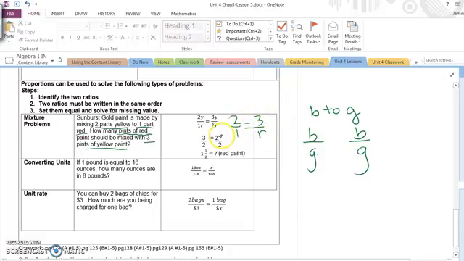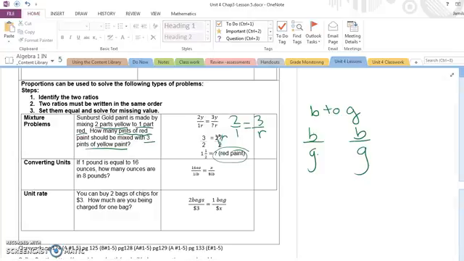So then we get 2r, because we need to know how many red, equals 3. Divide by 2, and r equals 3 over 2. 3 over 2 as a mixed number is 1 1/2. So that's how much red paint you need if you use 3 yellow. We would need 1 1/2 of our red.